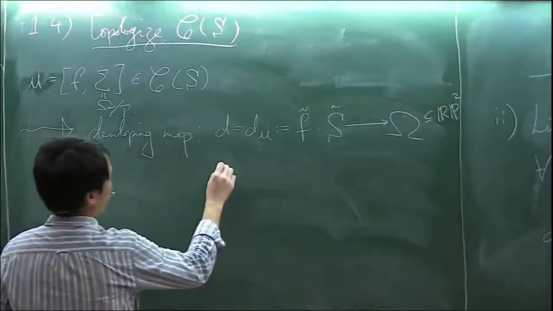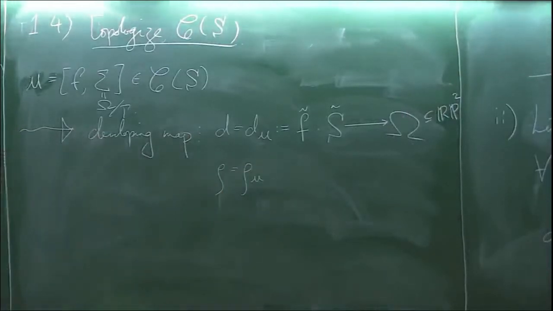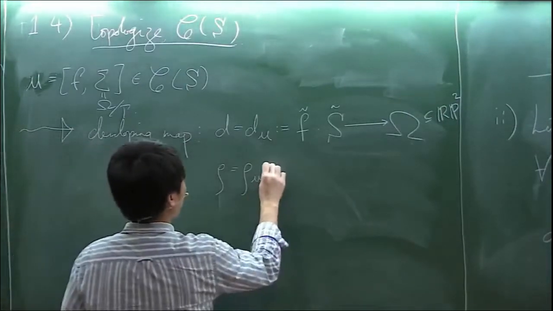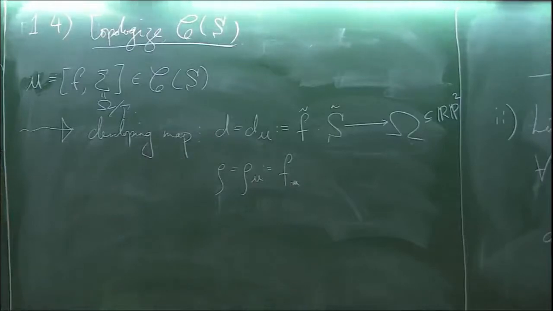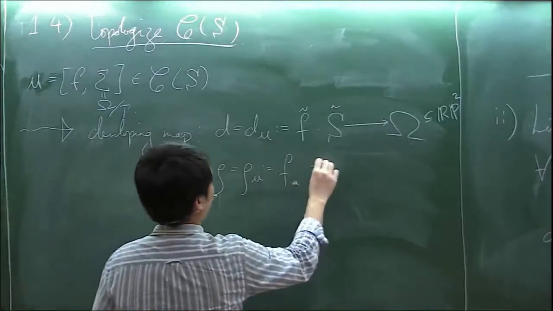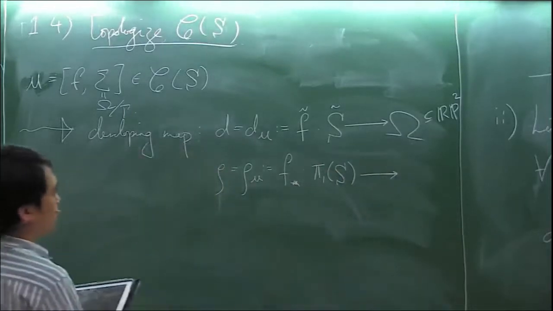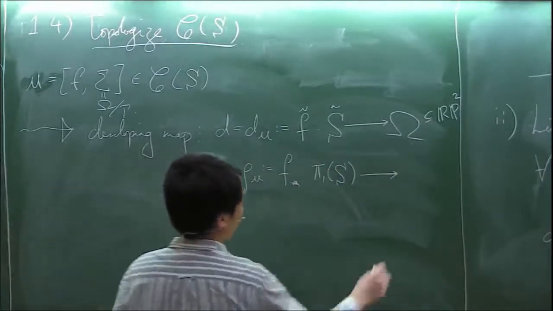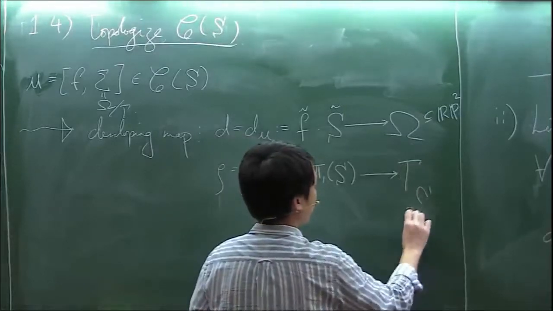And then the holonomy representation rho, which I also sometimes denote as rho mu, is the pushforward of f. So this goes from the fundamental group of S to gamma, the fundamental group of sigma, which is a subgroup of PGL3R.